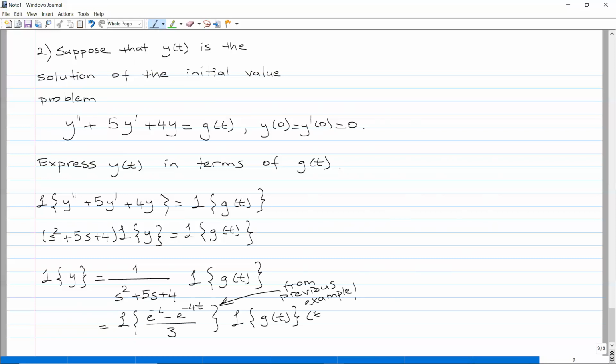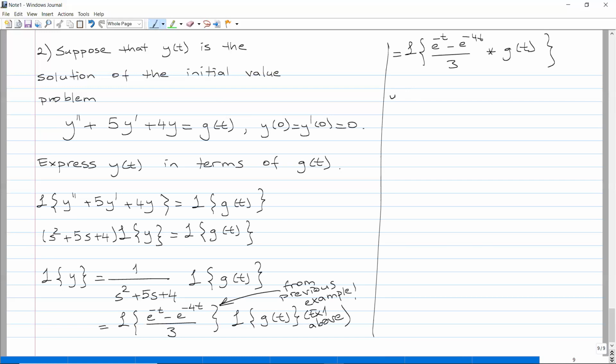So this one is from the previous example, example 1 above. I hope this is clear. This is the example we just did. So we have the product of Laplace transforms of two functions. We know that this is the Laplace transform of one function convolution the other.